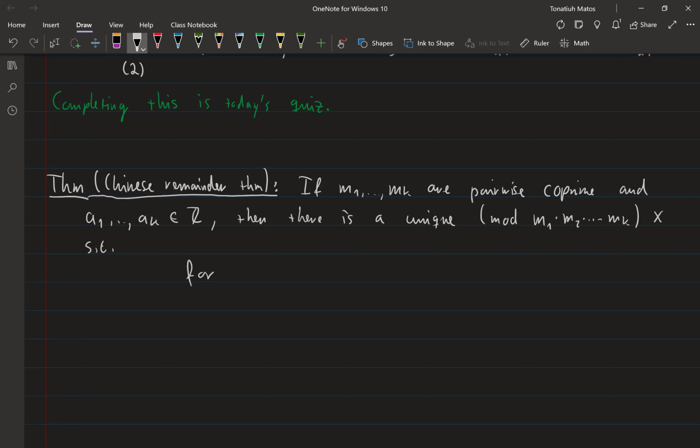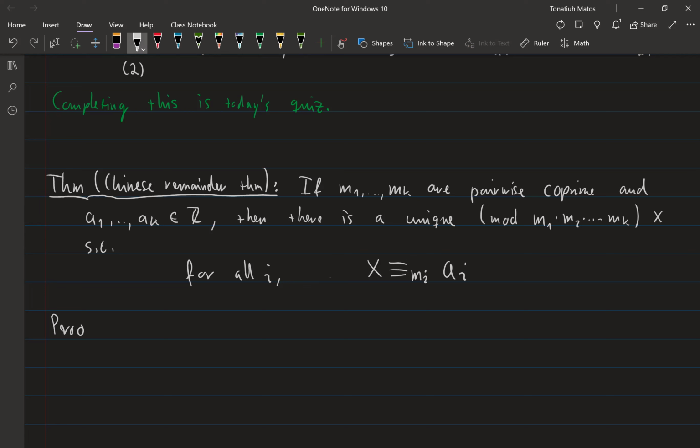X is a solution to all these systems of linear congruences. So X satisfies that for all I, X is congruent to AI mod MI. So X satisfies all of these congruences simultaneously, which is pretty interesting.